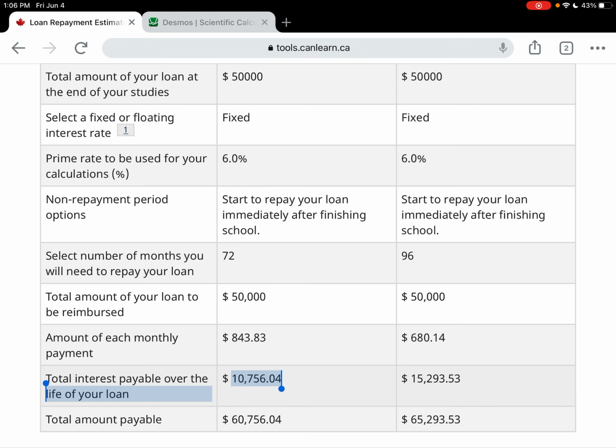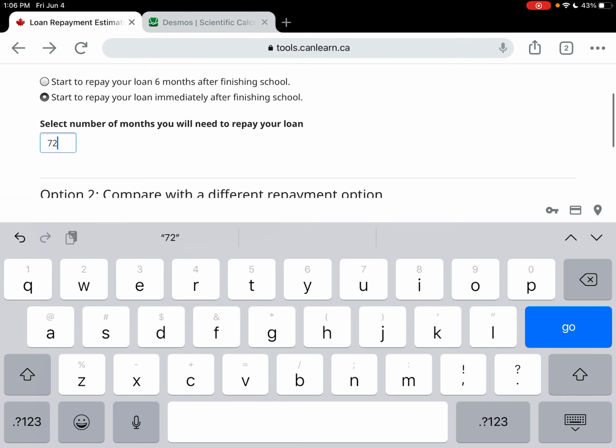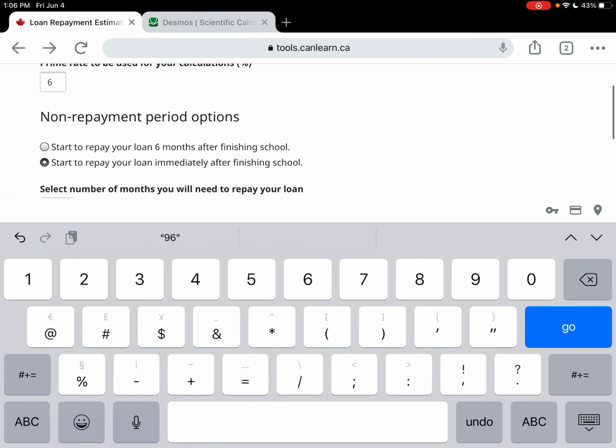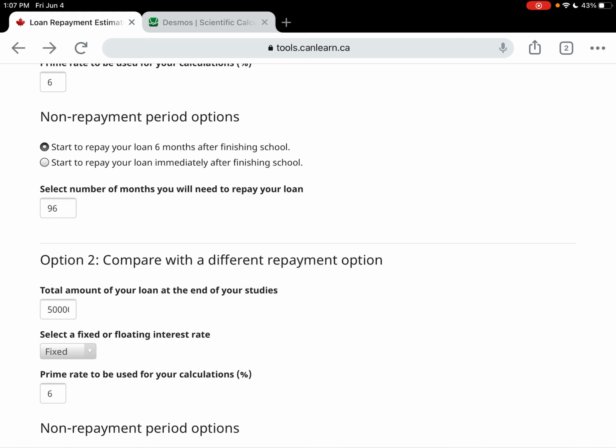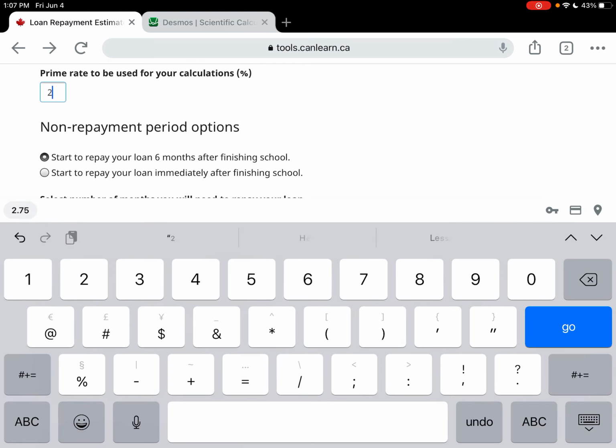Another thing that I actually want to point out to you, so let's say they have the same loan, right? One thing that people don't realize is that after you graduate from undergrad or from whatever you finished, so I'm going to change it back to a regular prime rate, which is $245.